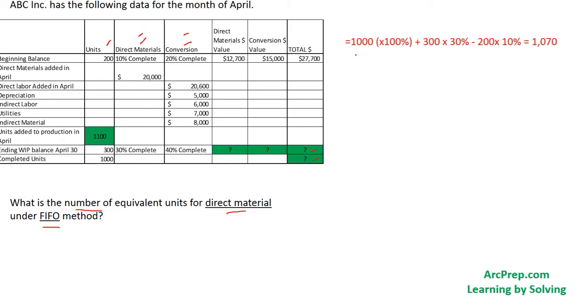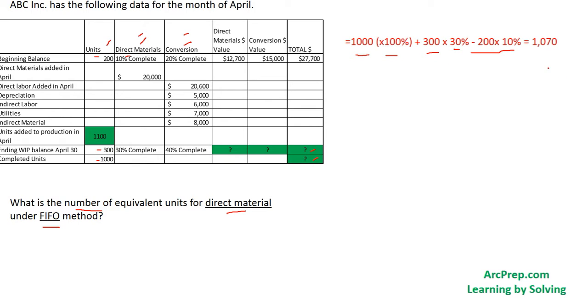We know that we are starting with 1,000 completed units, 100% complete, plus 300 units that are 30% complete. So these are essentially 90 units that are 100% complete if you use the same effort. Now we see a minus sign here, and that is because we are looking at 200 units that are 10% complete.